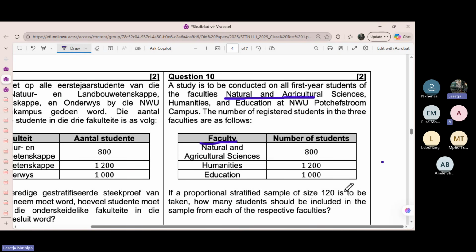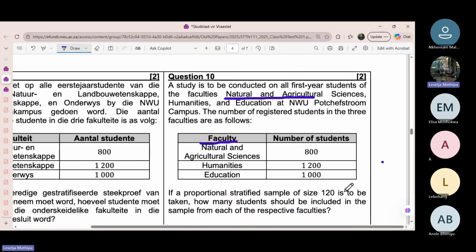We have a total population of 3,000, and for the natural and agricultural science faculty we have 800 students, meaning that 800 is part of the population. Yes, correct. So this one is capital N.